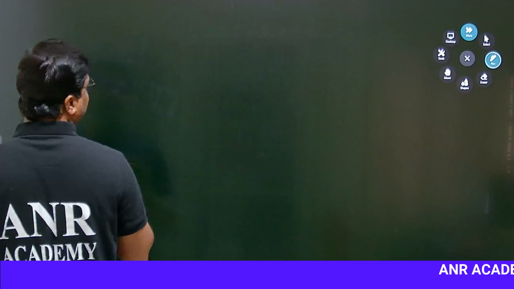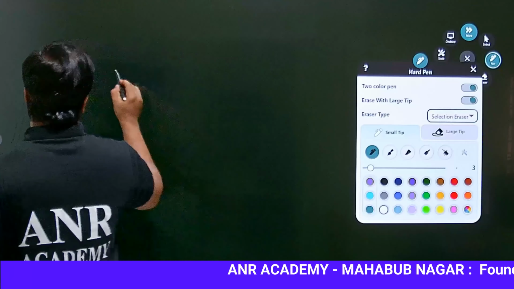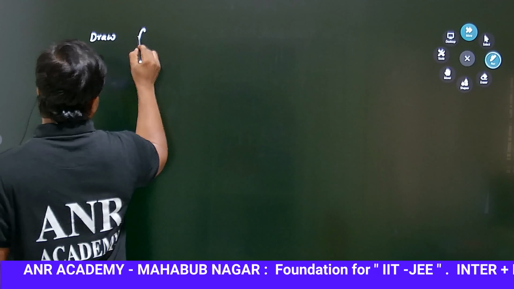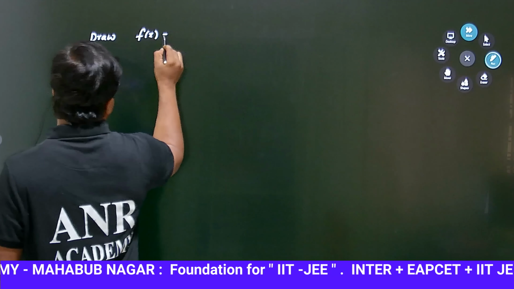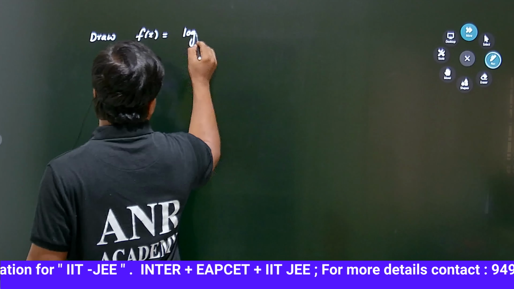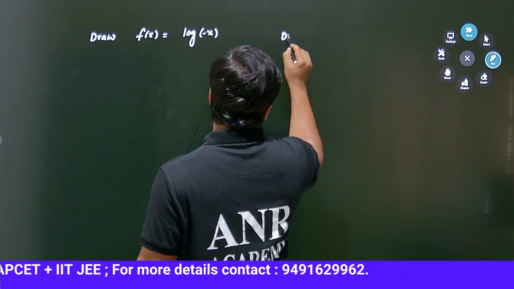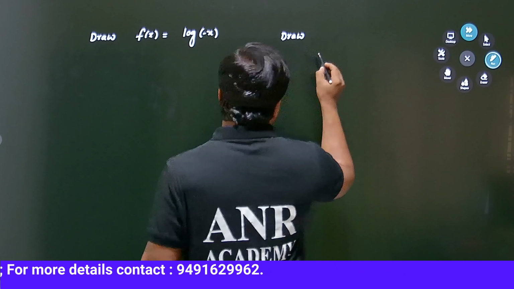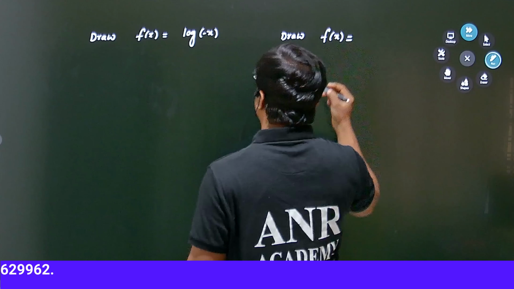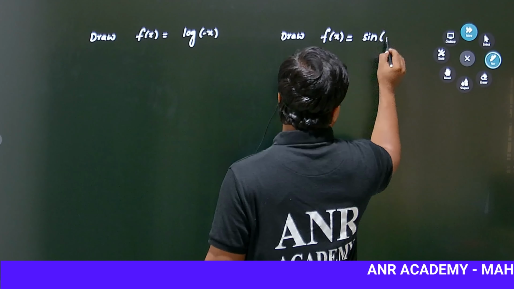Suppose the question is, draw the graph of f of x equal to log of minus x, and another question, draw the graph of f of x equal to sine of minus x.